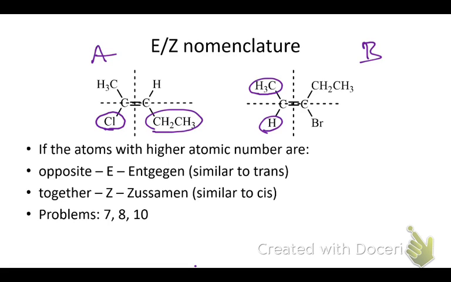And here I have a CH2CH3 and a Br. Physically, CH2CH3 is bigger, but by atomic numbers, we're only looking at this atomic number. So the Br is bigger, right? So this group is opposite of this group. And so we would say that is E. This one is Z.